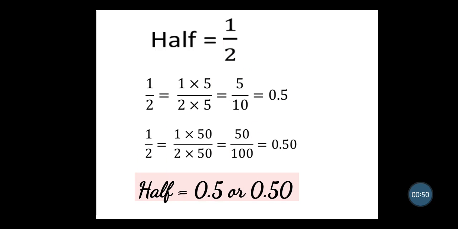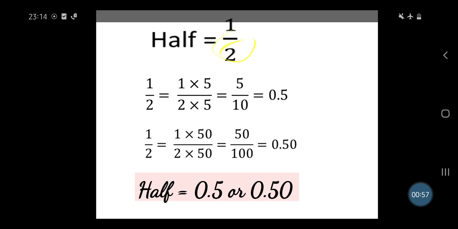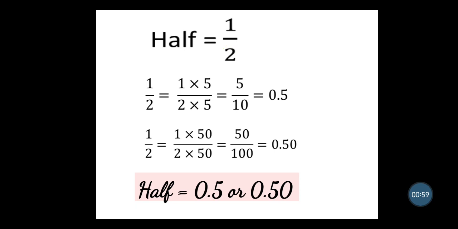First one, half. Half in fraction is written as 1 upon 2. Now, you can see the denominator over here is 2. In fraction, I have already told, the denominator should be 10 or in the multiples of 10.